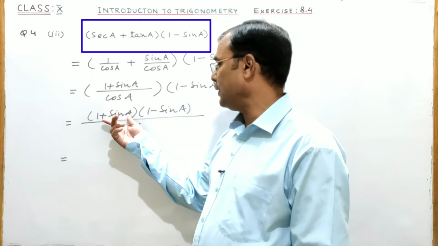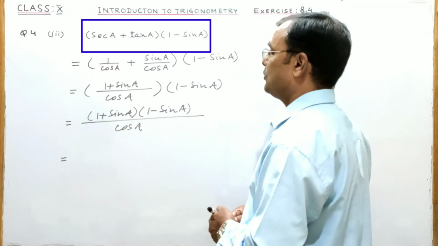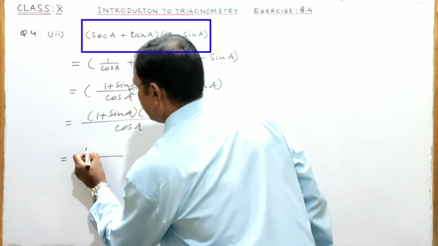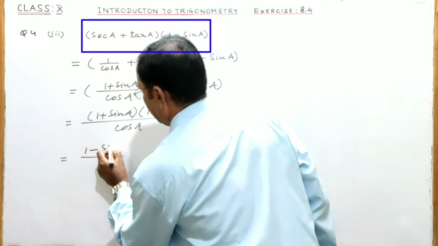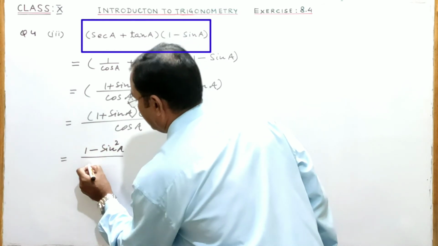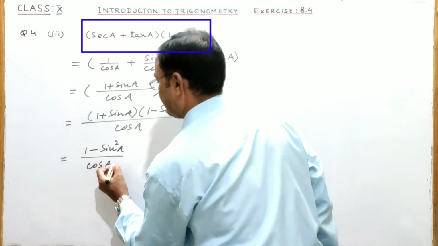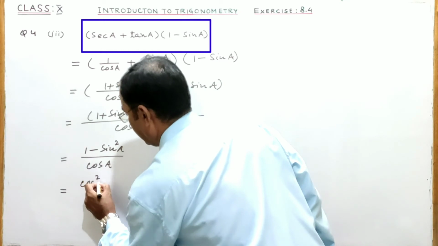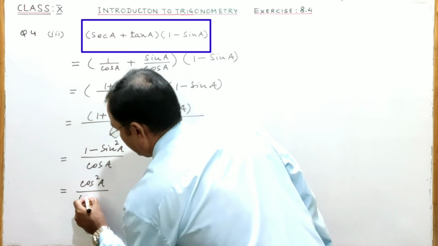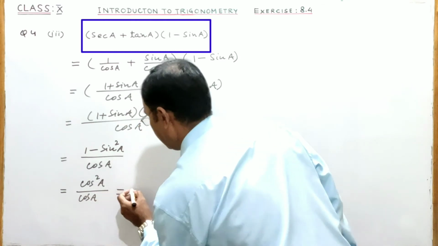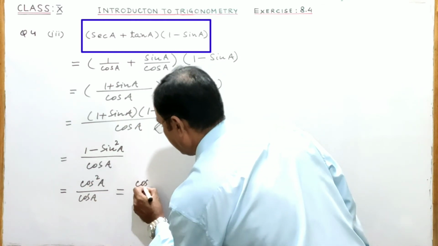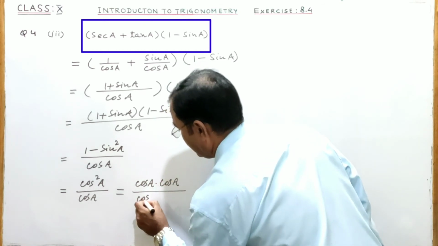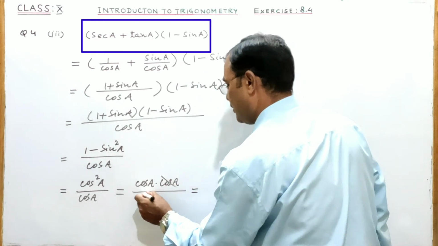In the numerator it is 1 plus sin A into 1 minus sin A. So applying A square minus B square formula, we can write 1 square minus sin square A by cos A. 1 minus sin square A is cos square A by cos A. So this we can write cos square A, we can write cos A into cos A by cos A. Cos A cancelled.